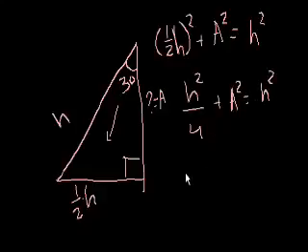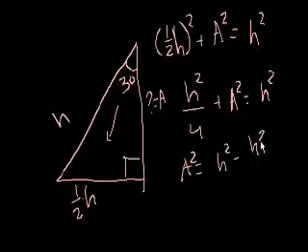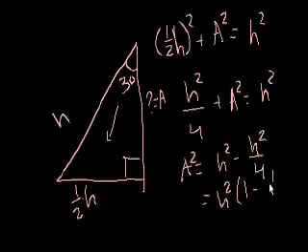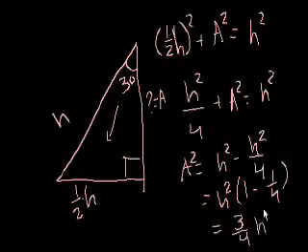Well, we subtract h squared from both sides. We get a squared is equal to h squared minus h squared over 4. So this equals h squared times 1 minus 1/4. This is equal to 3/4 h squared. Excuse the cough.